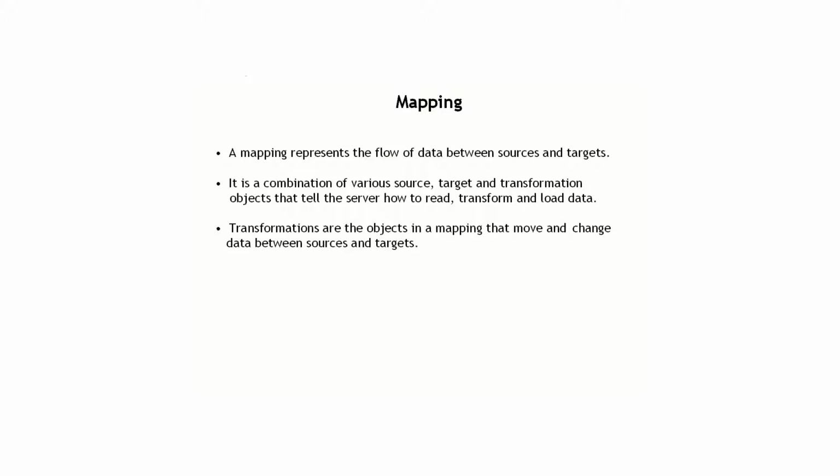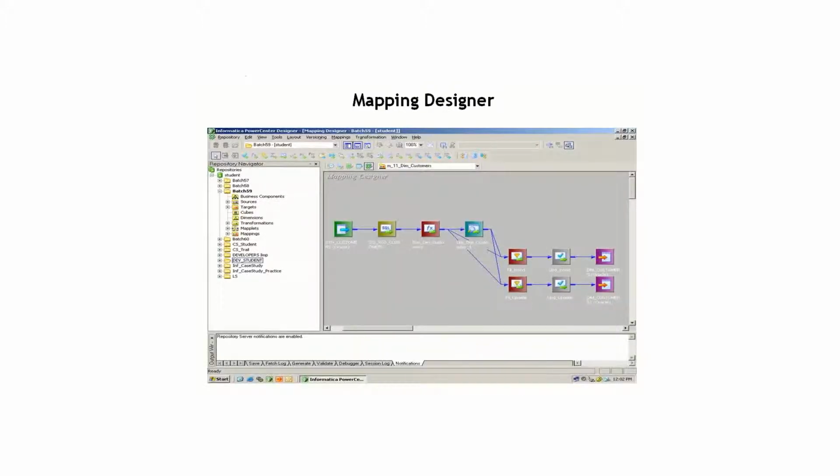This whole thing is called a mapping. It is nothing but a simple graphical user interface. You have defined the source in the Source Analyzer, you define the target in the Warehouse Designer. Now you will define the whole ETL program in the GUI-based Mapping Designer.